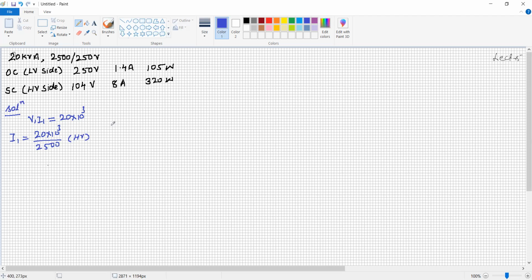Similarly, LV side, I2 is equal to 20 into 10 raised to 3 divided by 250 volt.